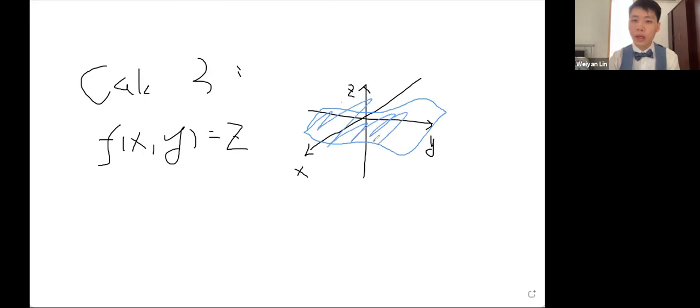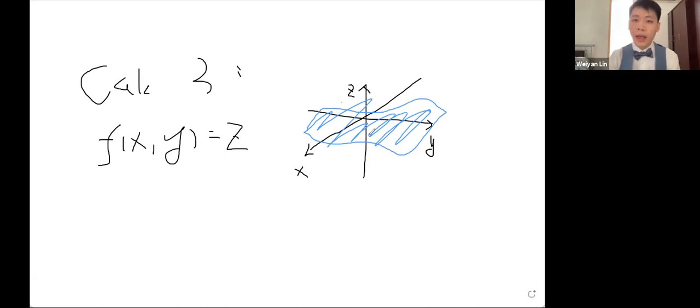Right, it's kind of a two-dimensional surface, right? So imagine you have a piece of paper that has some wrinkles, some wobbling, maybe some creases as well.